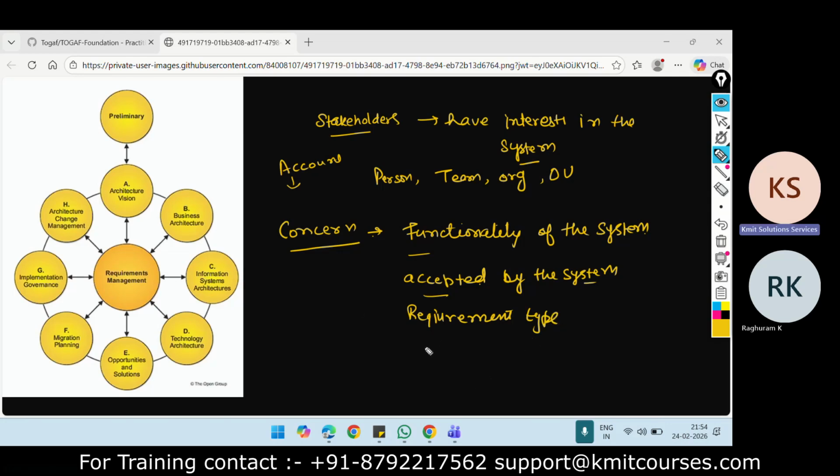A concern may lead to the definition of several requirements. So these are the two terms we also need to know: stakeholders and concern.